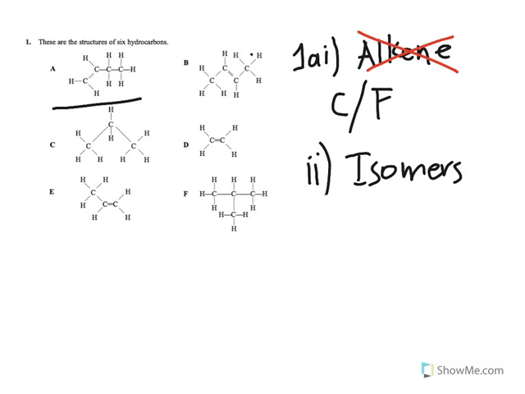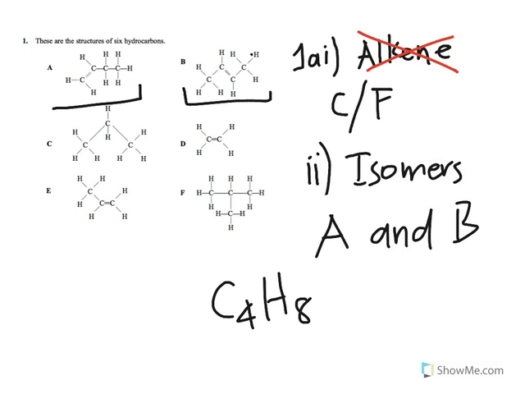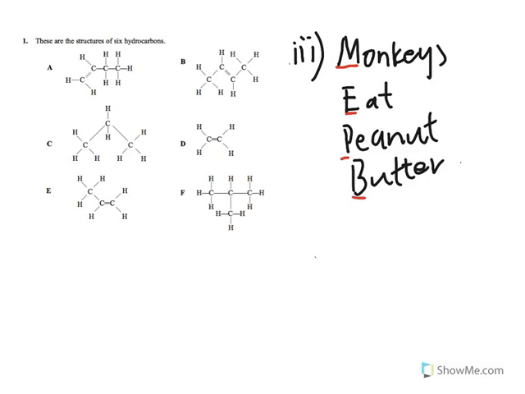That will be A and B, because they both have the formula C4H8, 4 carbon atoms and 8 hydrogen atoms. But the double bond in B is over here, whereas the double bond in A is at the end. So they have different structural formulas, and they are isomers.